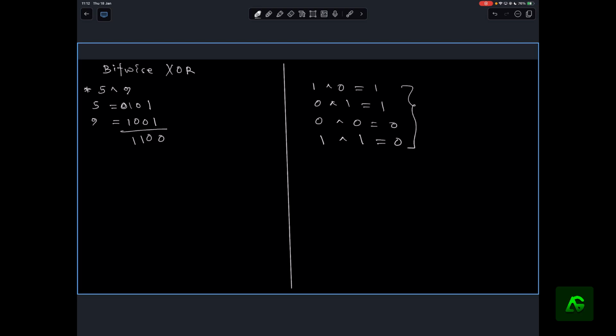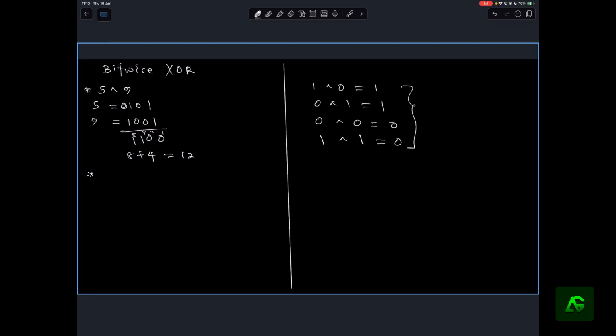This is the binary result we are going to have. So let's convert it to base 10. We have 1, 2, 4, then 8. So it will be 8 plus 4, that is 12. So 5 XOR 9 results to 12.